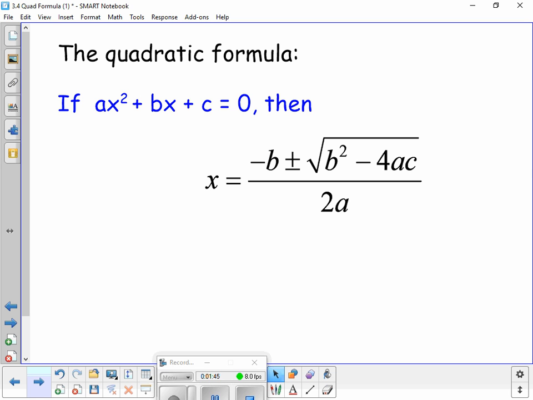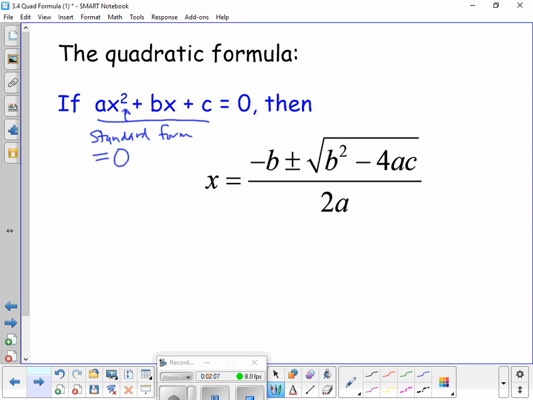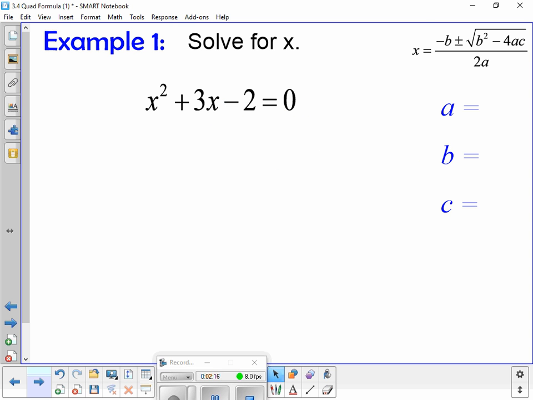Now, what you should notice about this polynomial is that it is in standard form. The highest power is x squared, so it starts with that highest powered term, and from there it goes down to the constant. It is also equal to 0, and those two things are required for the quadratic formula to work.